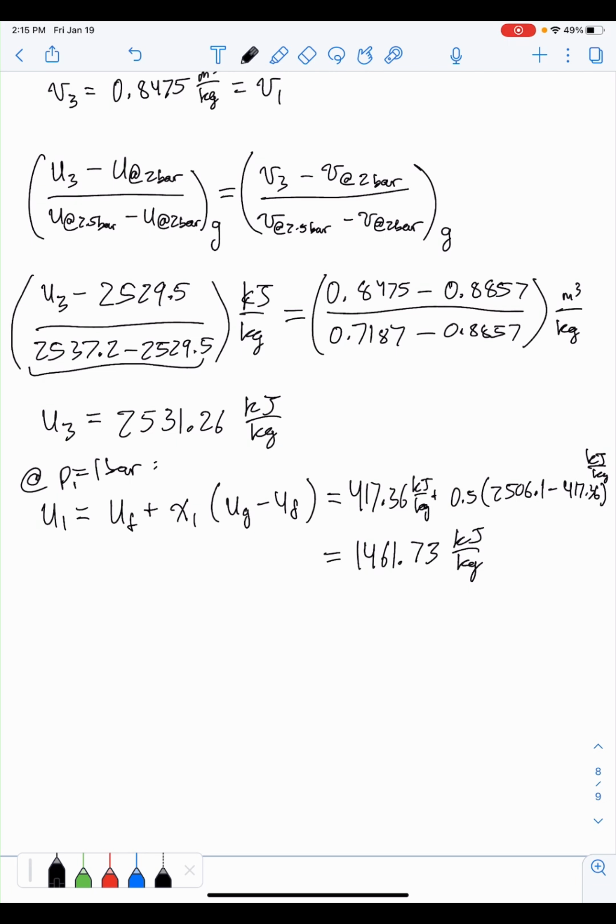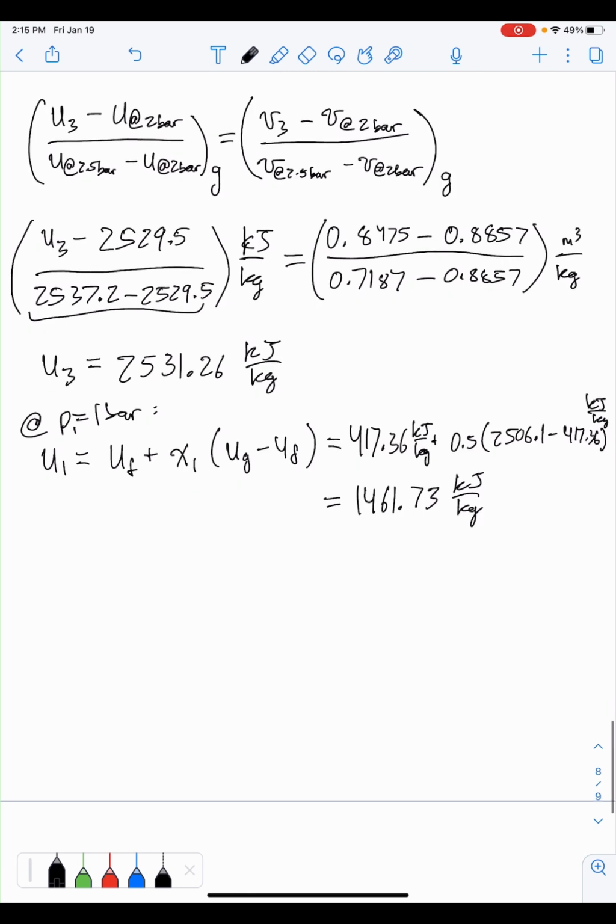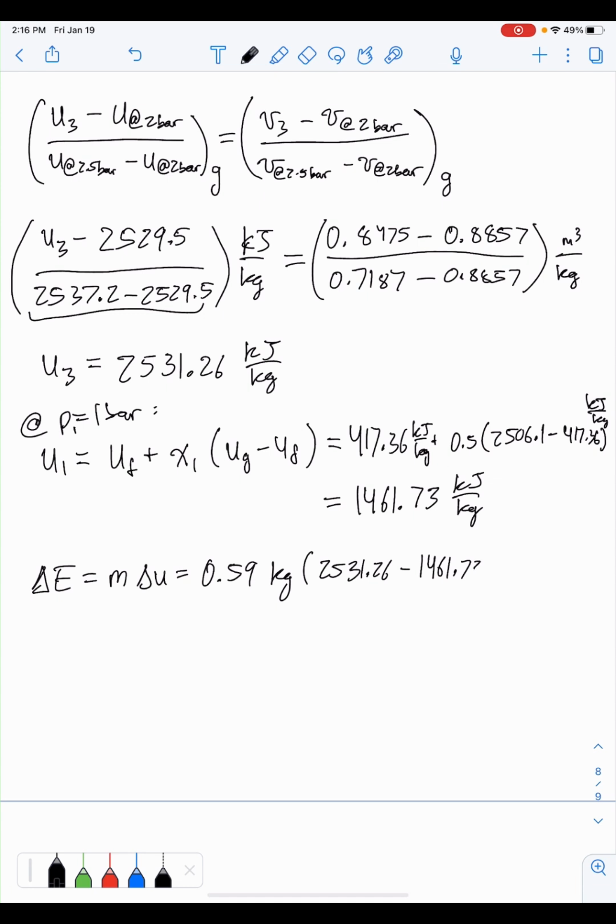Okay. So let's get our change in energy because we have our internal energy values. I believe the mass was 5. No. It was not 5, it was 9. Okay. Take the difference between U3 and U1. What do I get?